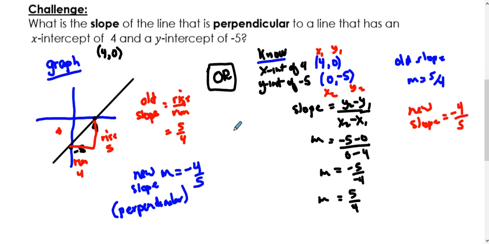So it can be done graphically, or I can use algebra. But in the end, it doesn't matter. Show your thinking. This is justifying your thinking moving forward. So we have tools. We have a graph. We have the slope formula to find a slope of something. We can use that. Good luck. Talk to you soon.